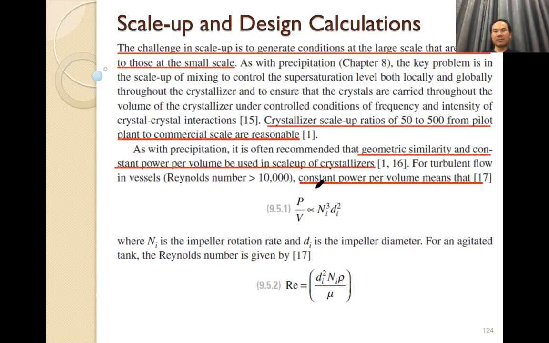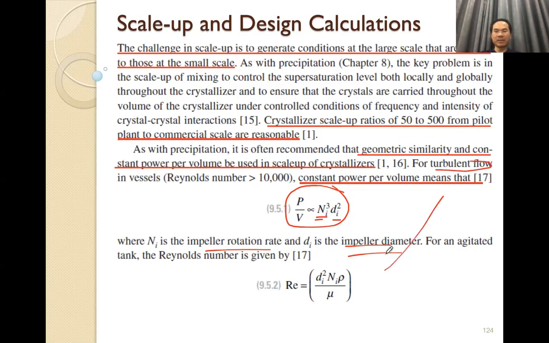The power per volume, P over V, is proportional to N power 3 D power 2. N is the impeller speed, the impeller rotation rate, Di means the impeller diameter. We can use this as the formula to scale up. And also this depends on the turbulent flow.